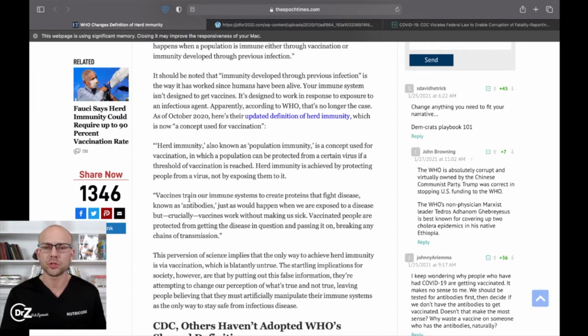Vaccinations train our immune system to create proteins to fight disease, known as antibodies, just as would happen when we're exposed to a disease, but crucially, vaccines work without making us sick. Vaccinated people are protected from getting the disease in question, passing it on, breaking any chains of transmission. Okay, so if we look at this new definition, what did it leave out?